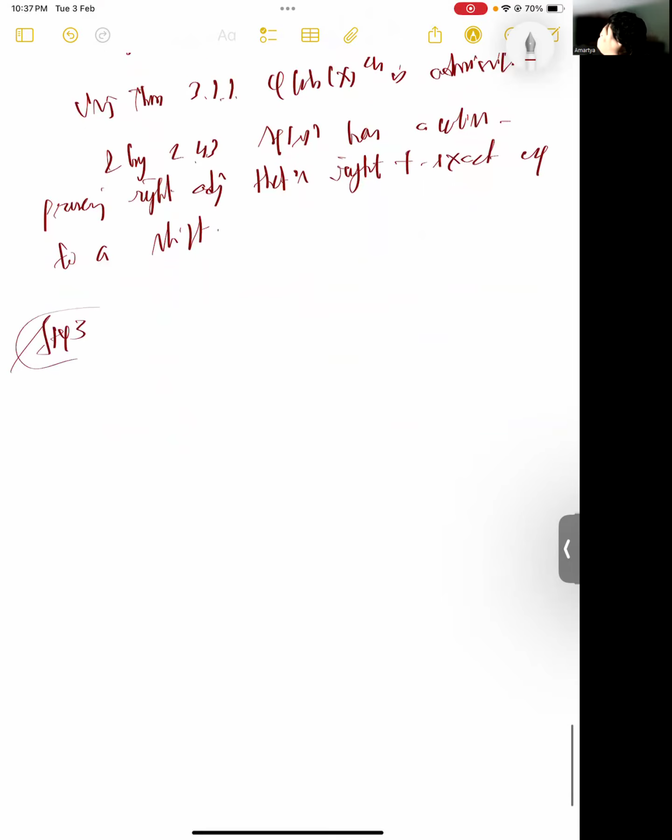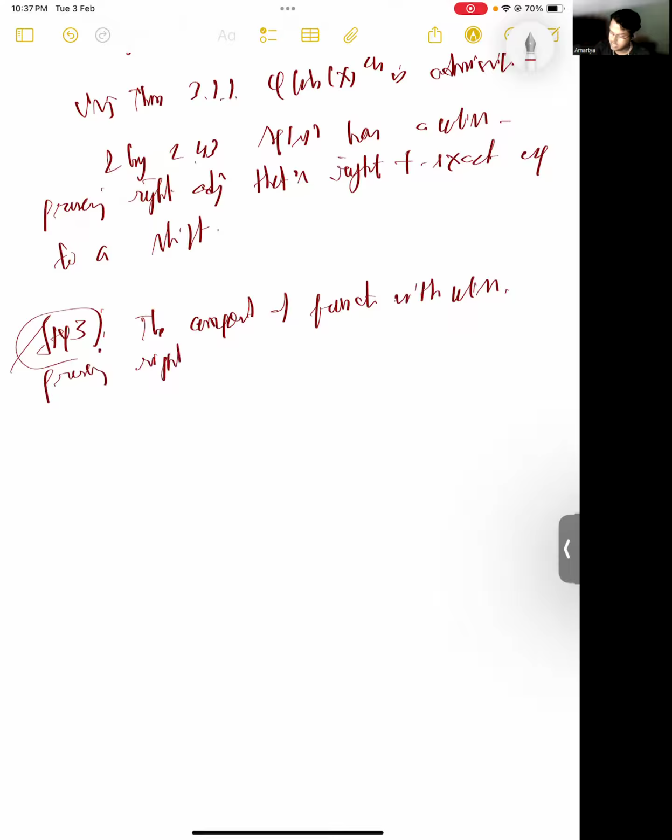Step three is the composition of functors with colimit preserving right adjoints has a colimit preserving right adjoint.